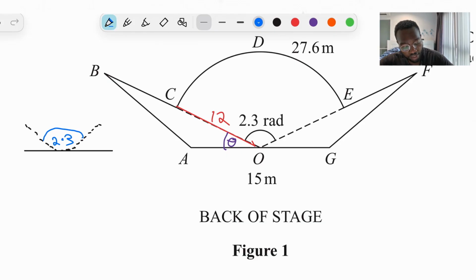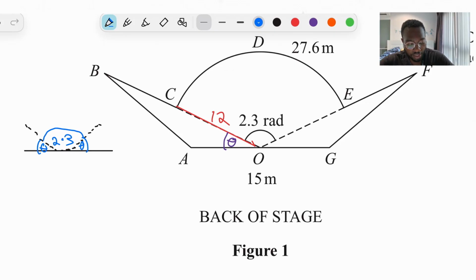So let's call this theta, and let's call this one theta. We know that must equal pi radians, equivalent to 180 degrees, because ABO and GFO are congruent, so they should have the same angles.